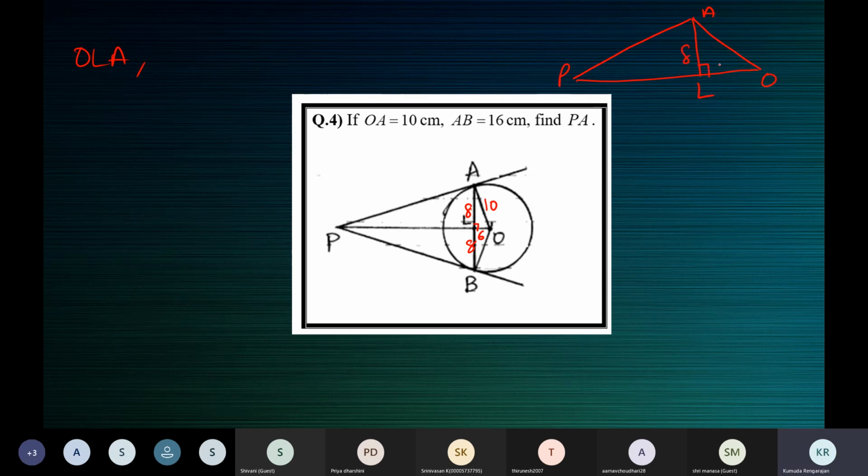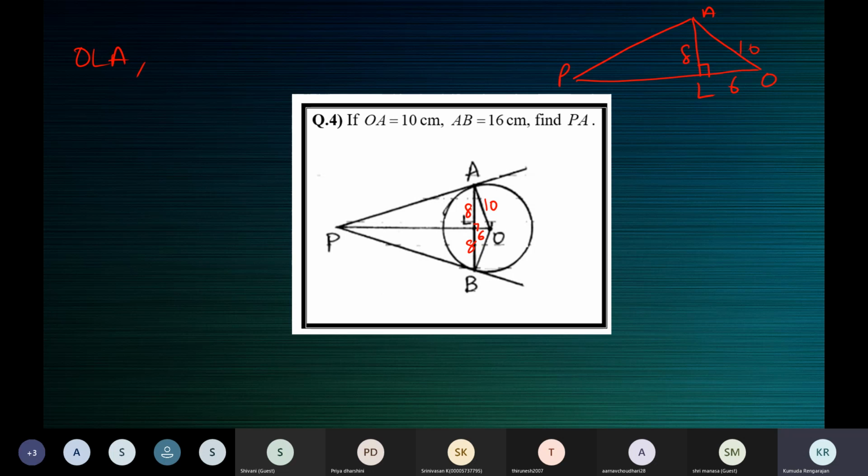And there is 8 here, there is 6 here, and there is 10 here. We see that the top portion, AOLP. I hope you can see that.